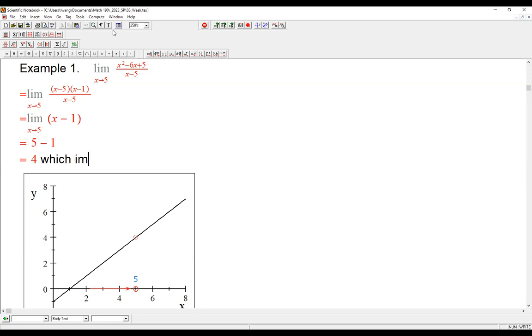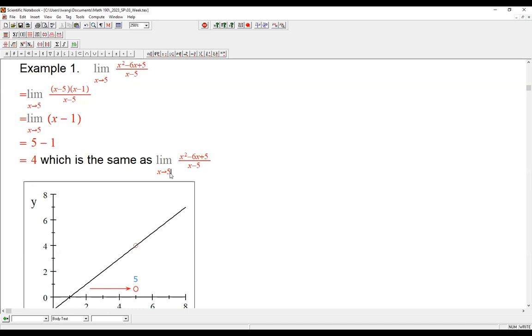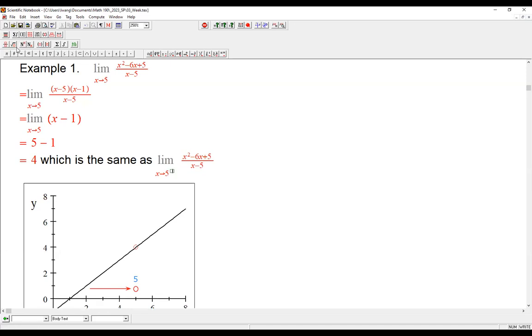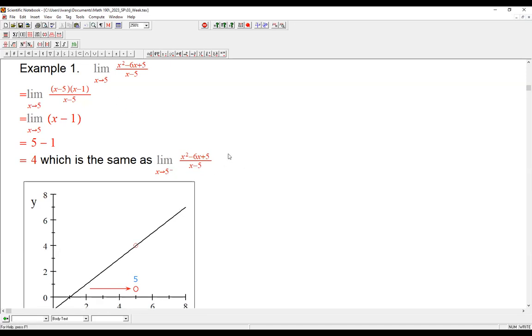Which is the same as, even though we didn't use these properties here, as we approach 5 from smaller than 5, this is going to be 4.